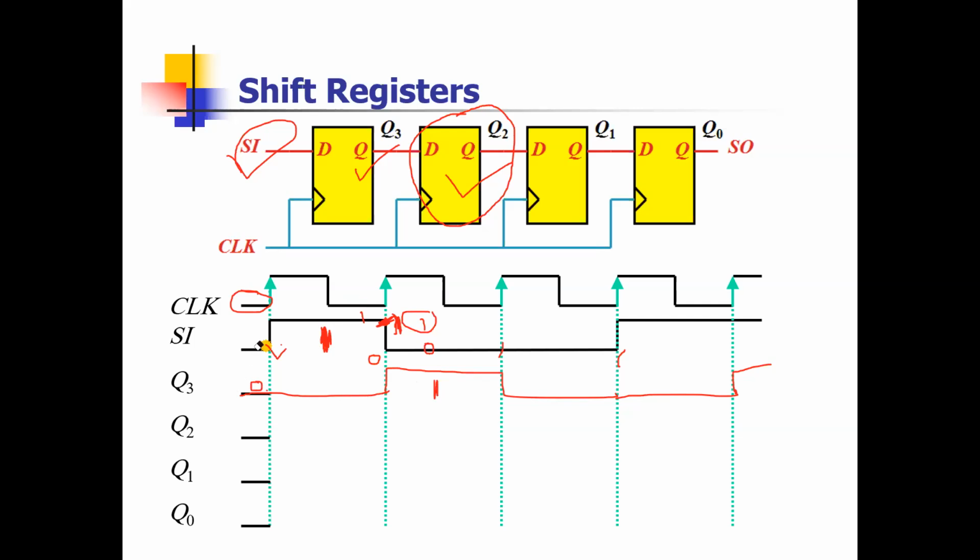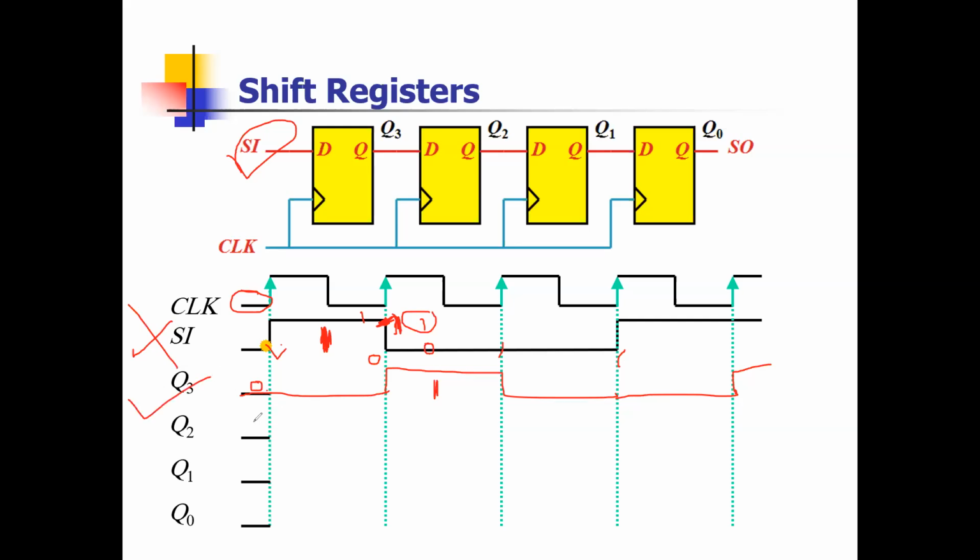Same thing I can do for Q2. For Q2, look, what is the input? Tell me. Q3. Q3, yes, not SI. So now for Q2, I will not check SI. I will see Q3, and Q3 is this.